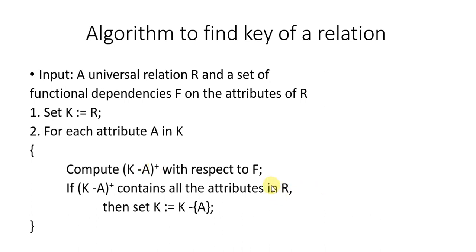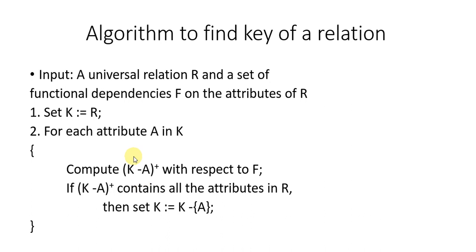So again we take the next attribute A and we compute K minus A plus with respect to this F. And suppose K minus A plus contains all the attributes in R, then we set that as the new key. So we keep on doing this until we cannot remove any more attributes. So which means we'll get the key of this relation.